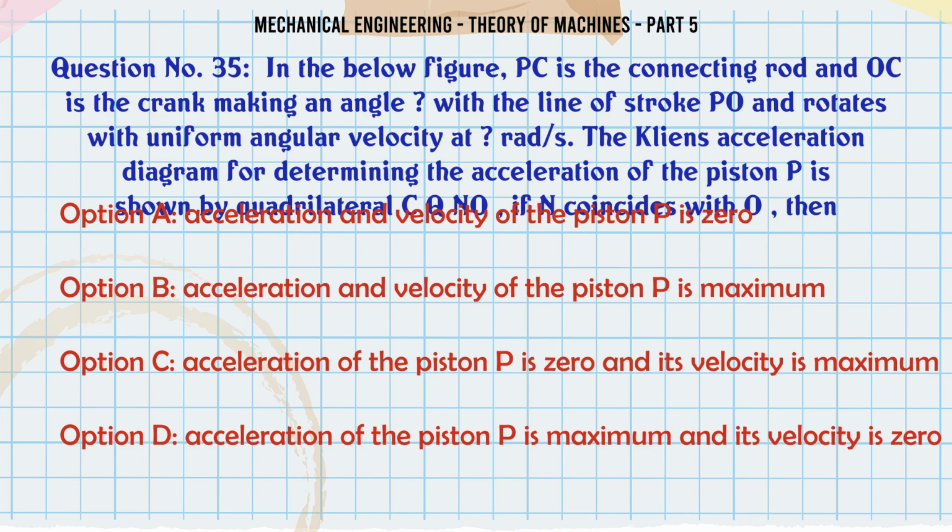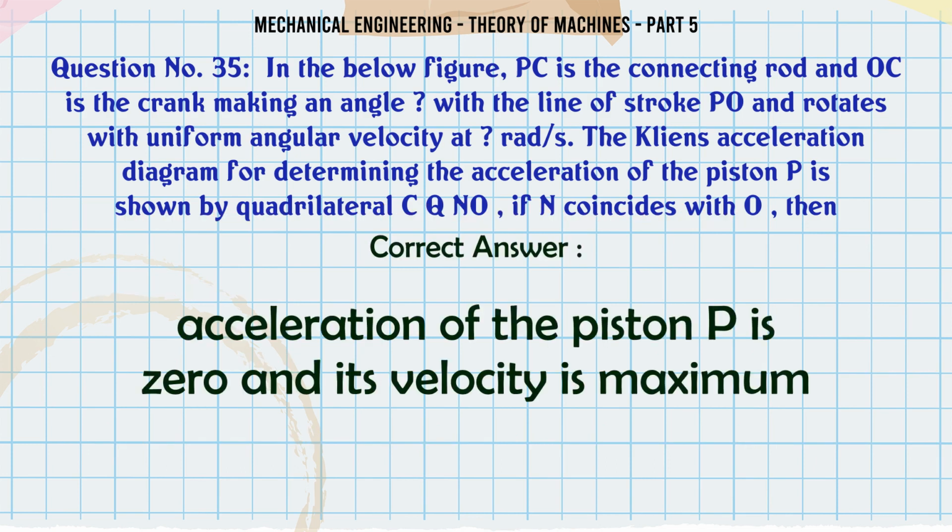B. Acceleration and velocity of the piston P is maximum. C. Acceleration of the piston P is 0 and its velocity is maximum. D. Acceleration of the piston P is maximum and its velocity is 0. The correct answer is acceleration of the piston P is 0 and its velocity is maximum.